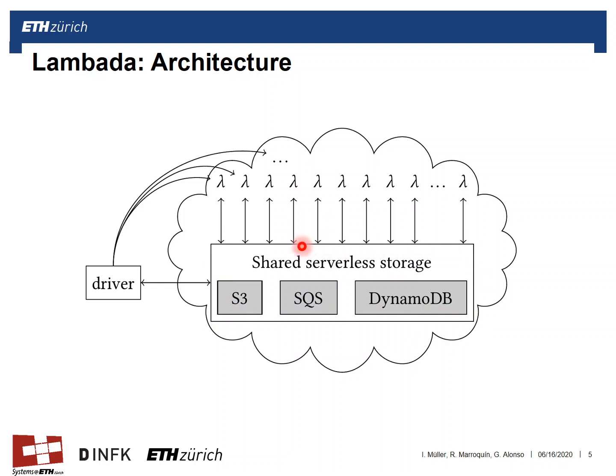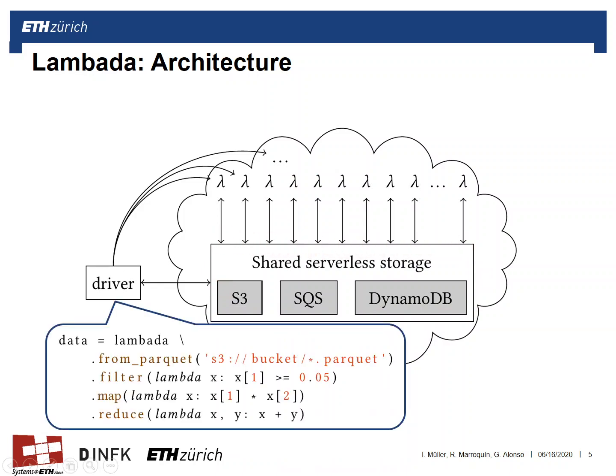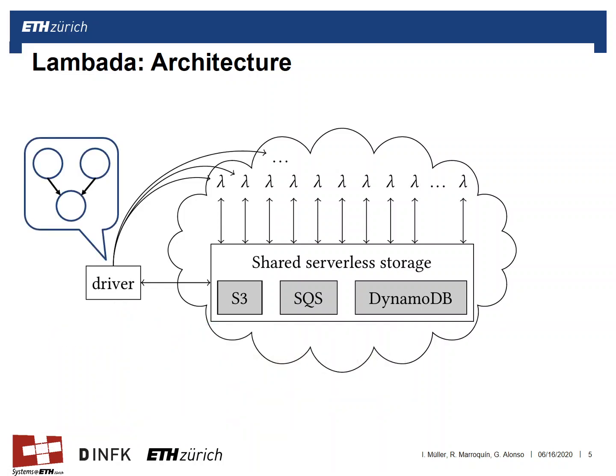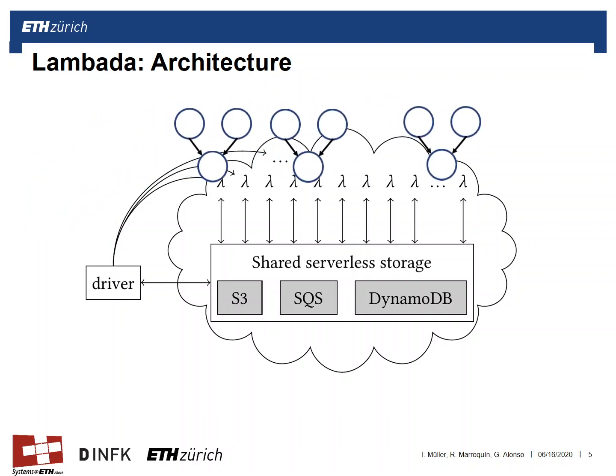managed by the cloud. When a query is written in our system in some high-level Python frontend, when a query is executed, it is transformed into a query plan, and that query plan is given as an argument into a large number of serverless workers.